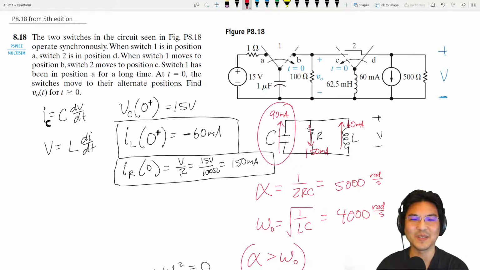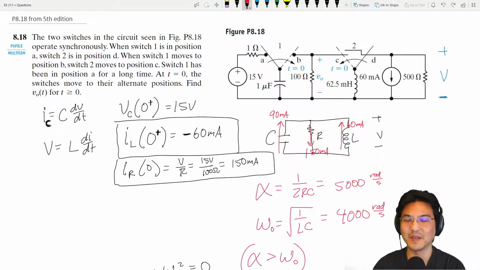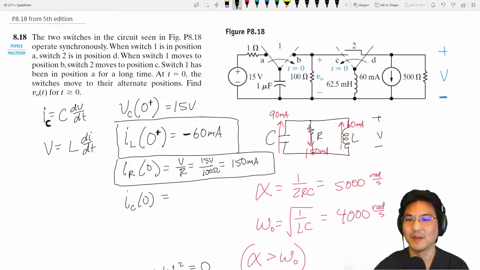Because KCL, this plus this equals 0. So there you go. From KCL, the current through the capacitor at t equal to 0 is, well, let me say IL plus IR plus IC equals 0. So I'll just move these on this side of the equation. And then that is minus 90.